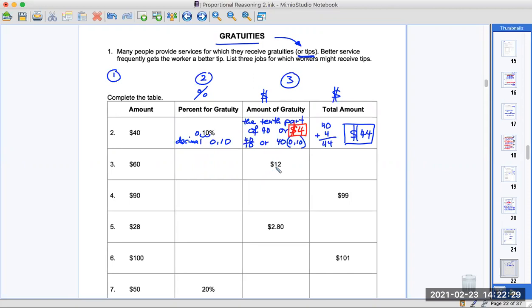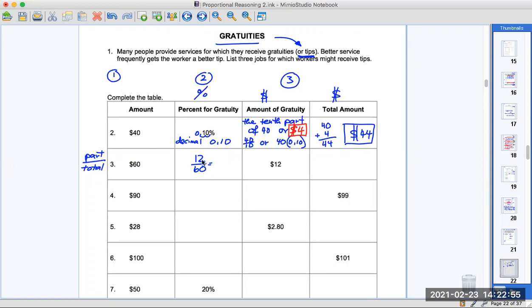Here we're getting the clue. The clue is we're leaving a $12 tip on a $60 bill. Remember, the fraction you want to set up is the part over the total. And the part is usually smaller than the total. So the smaller number over the bigger number. So 12 out of 60. And then you divide, use your calculator.